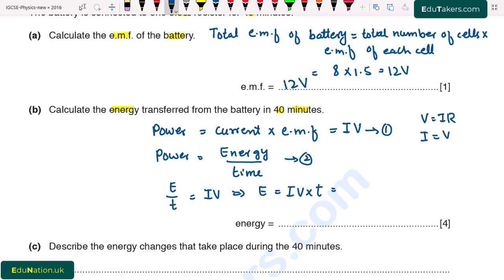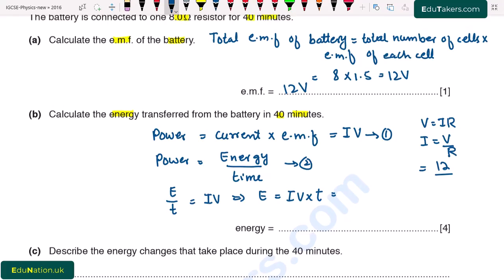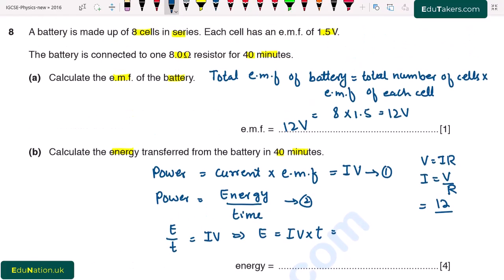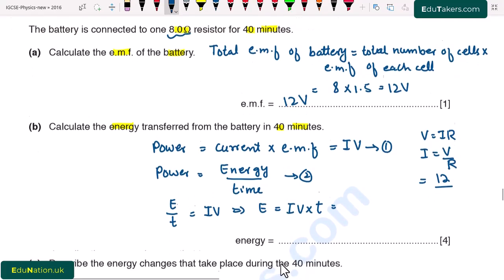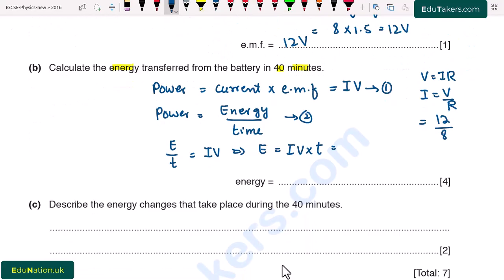It will be equal to V over R, where V is EMF and it is calculated in part A, which is equal to 12 divided by resistance, which is given, that is 8.0 ohm. The value of current comes to be 1.5 ampere.